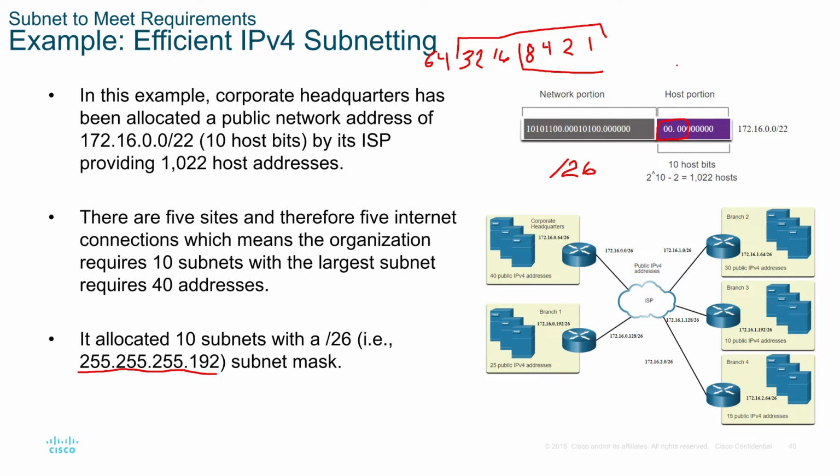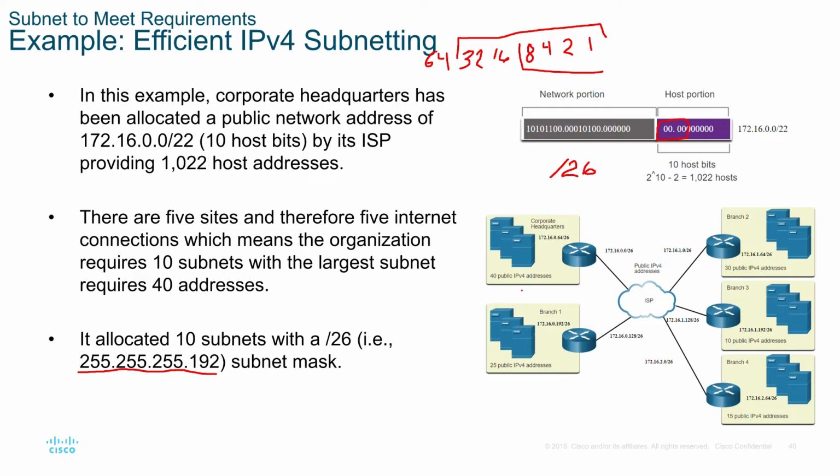So I would end up, in this case, with 16 subnets, each one being capable of 62 host addresses.